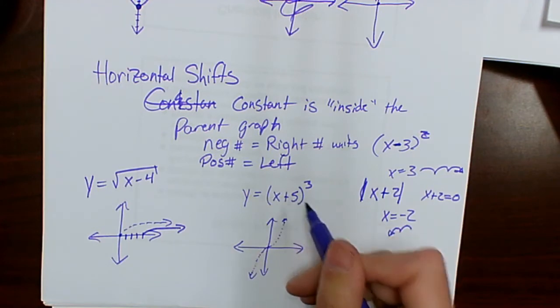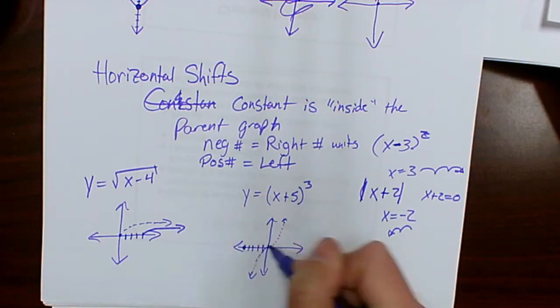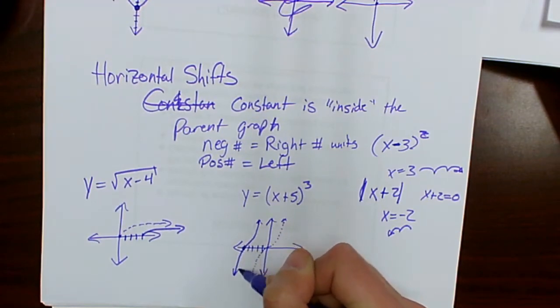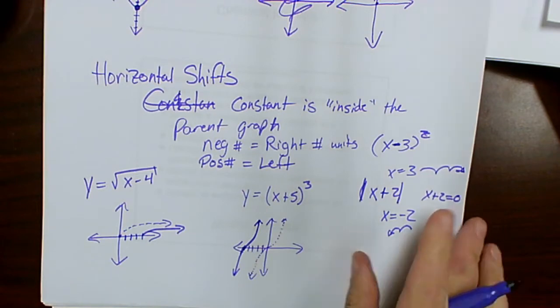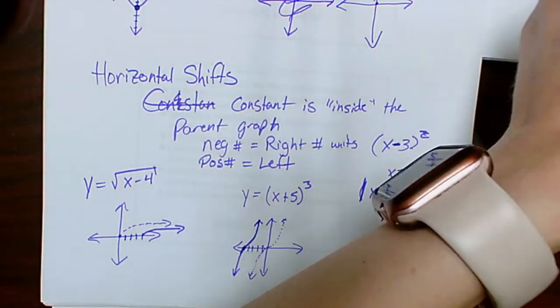This is inside, so we move over 1, 2, 3, 4, 5, and all the other points move that way, but sketching the graph will be fine. And we're done. So that's horizontal and vertical shifts.